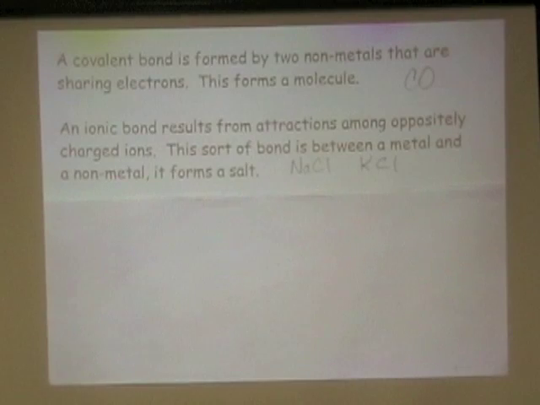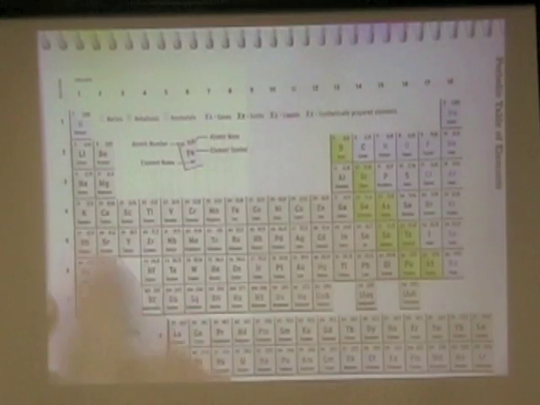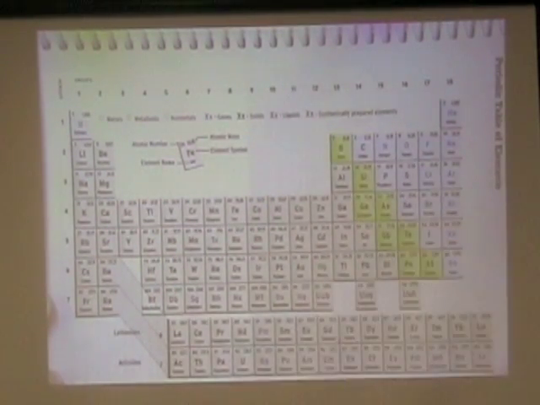So not just sodium chloride, which is table salt, which we eat with food, but also potassium chloride or any metal bonded to a nonmetal. Any metal bound to a nonmetal, we say those two are held together by an ionic bond.